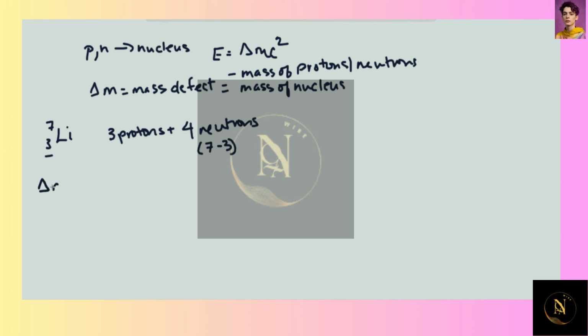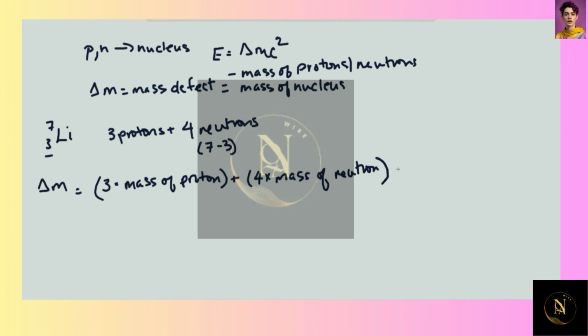So to find my mass defect, I multiply the mass of a proton times 3, plus 4 times the mass of a neutron, and then I subtract from it the actual mass of the nucleus.